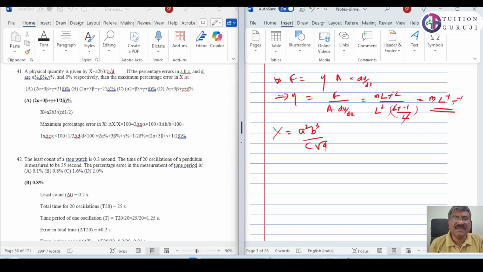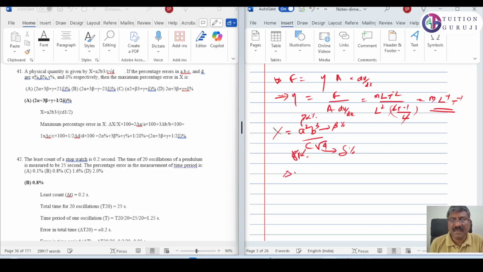If the percentage error for A is alpha percentage, for B it is beta percentage, for C it is gamma percentage, and for D it is delta percentage, what is the maximum percentage error of x?